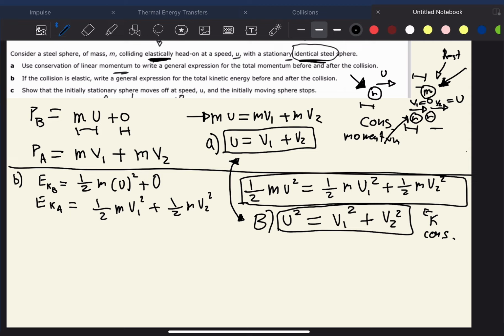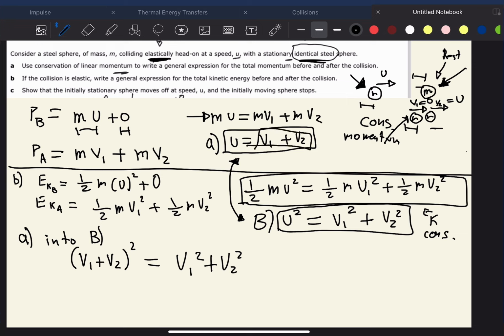So if I plug A into B, I will get (v1 plus v2) squared is the same as v1 squared plus v2 squared. All I did here was take this and place it here.